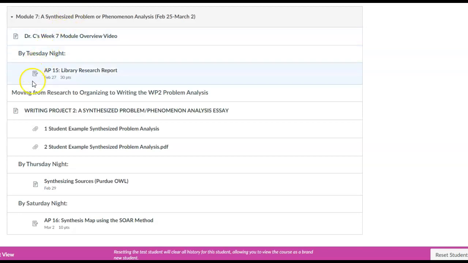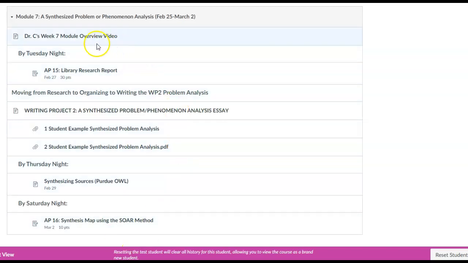And you can see right here, right at the beginning of the week, we're shifting from the research report and turning to methods and really good strategies that help us learn how to synthesize material, how to bring it together, how to analyze it and present it for a reader. And that sounds a lot harder than it actually is.